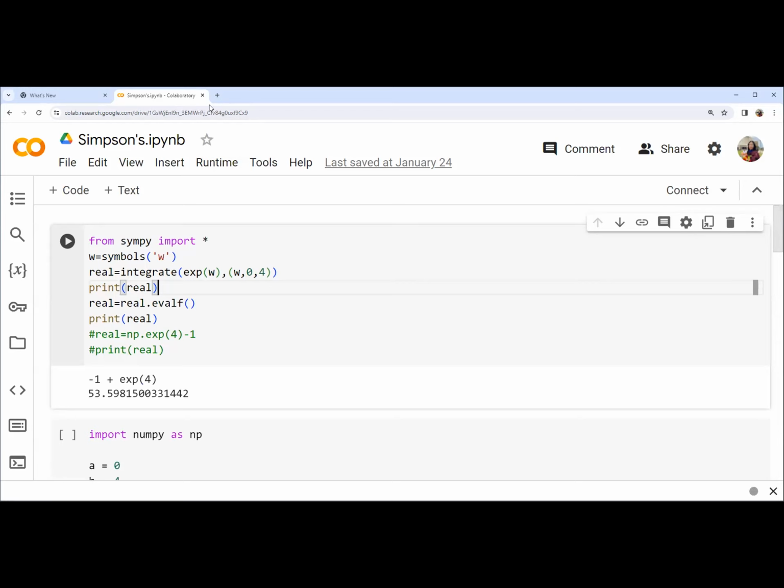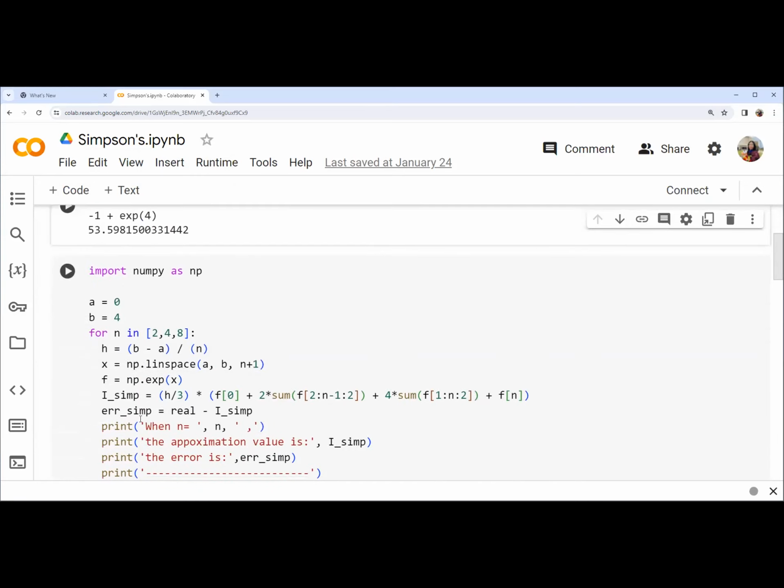So one thing you can do in Python, if you want a decimal representation, is use the evaluate function, dot evalf, and then you print it out again, and you get the decimal representation here. This is the true value.